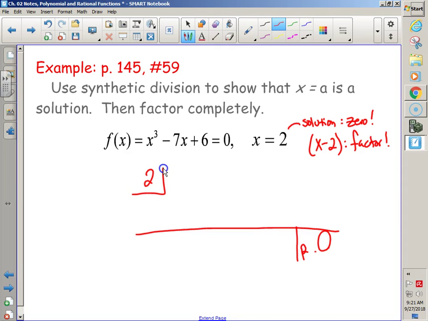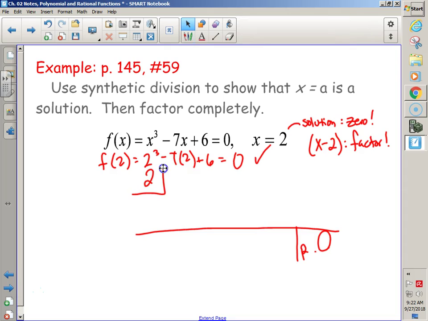If we can plug in and the remainder is 0, or if we can actually just plug in, and 16 minus 14, no, sorry, 8, thank you, minus 14 plus 6. That also shows that x minus 2 is a factor, which will be very helpful eventually.